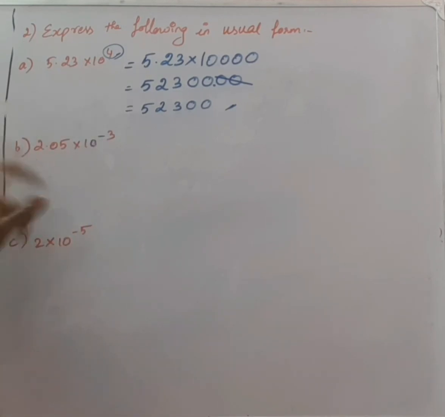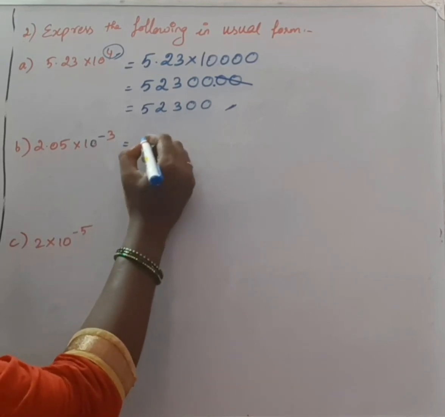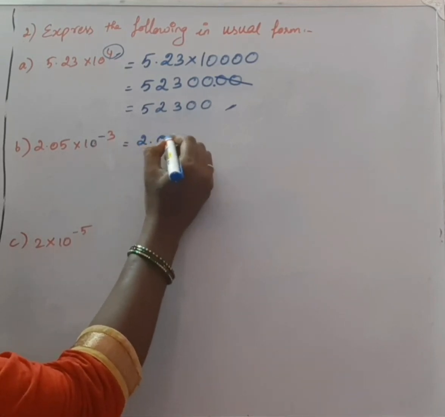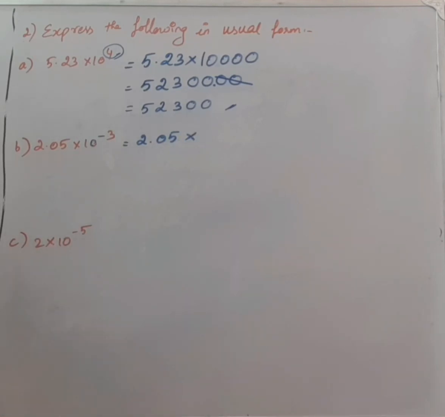Okay. So first step we want to write the number as such. 2.05 into 10 power minus 3. The first step is wherever we have a negative power, we want to convert that into a positive power.